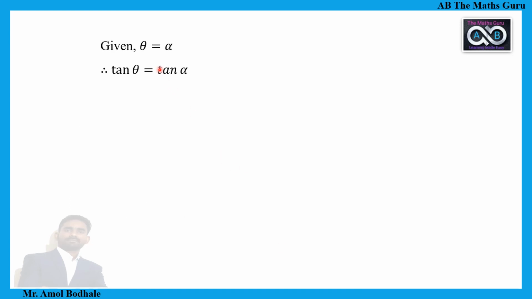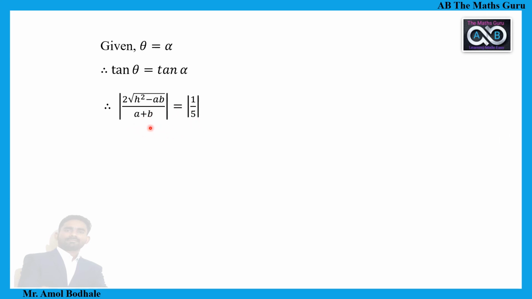As it is given that theta and alpha are the same, the angle between both pairs of lines is the same. Therefore tan theta equal to tan alpha. Let's put the values of tan theta and tan alpha here. That is modulus of 2 square root of (h square minus ab) upon (a plus b) equal to mod of 1 by 5.